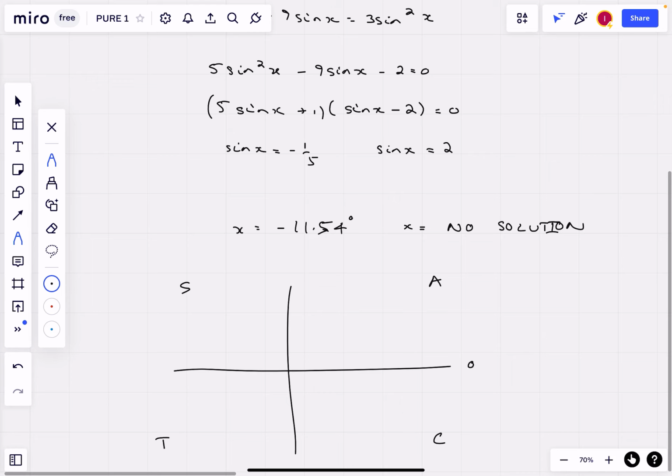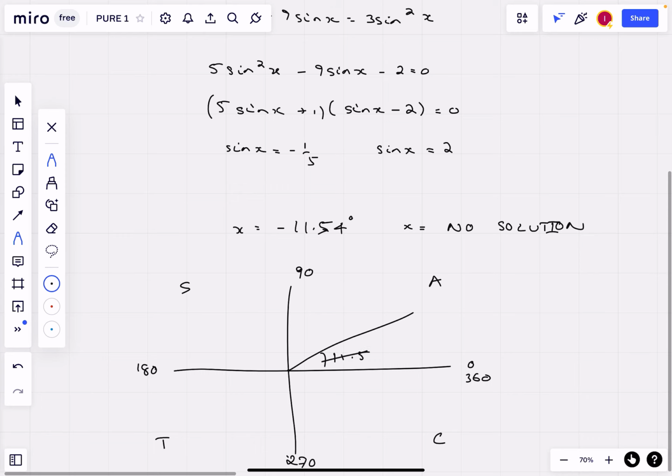We know that the points are labeled as such, and now we're going to draw the line for minus 11.5. If it were positive, like we've done before, we would draw a line here and label this as 11.5.